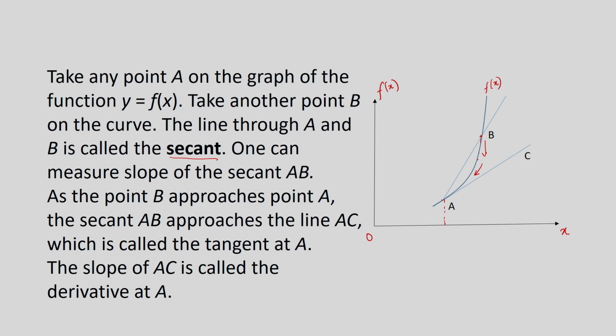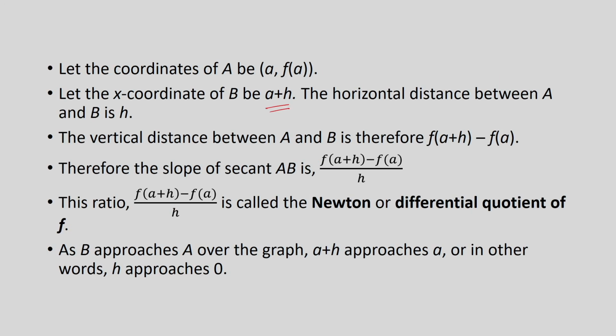So, here if you draw a perpendicular, this is h and this is a. Okay. So, I have taken a point on the curve, and the horizontal distance between the original point and the new point is given by small h.